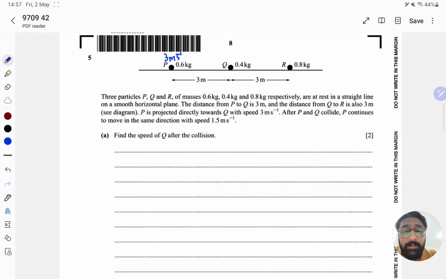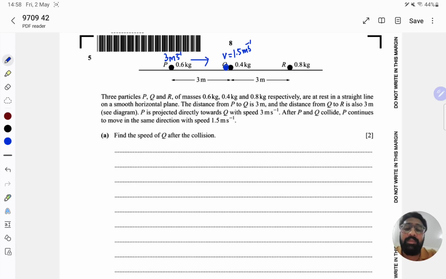When object P reaches Q and collides with it, the speed of P becomes 1.5 meters per second, and it is going to move in the same direction it was moving earlier. Find the speed of Q after the collision.